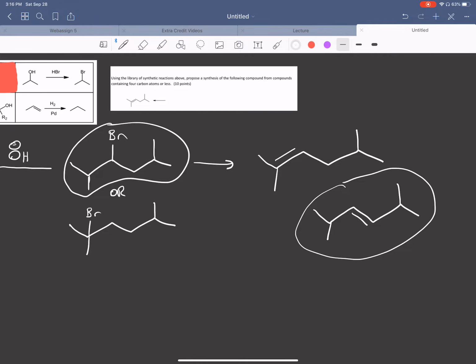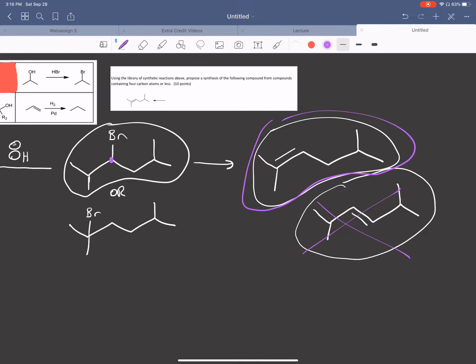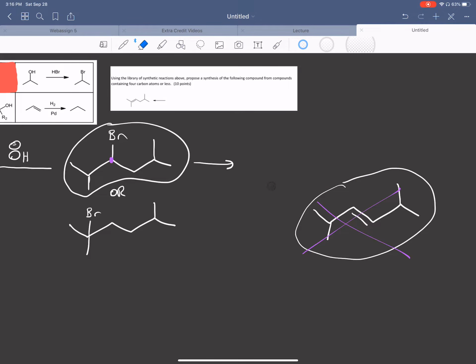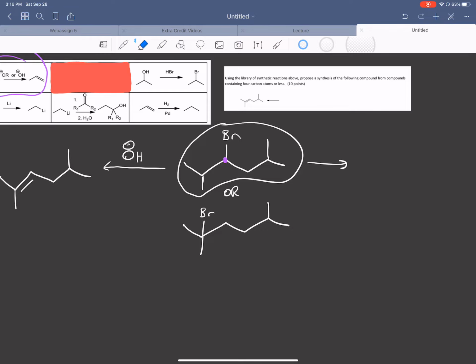It's disubstituted. And if we compare this one now, our double bond has three carbon substituents coming off of it. So if we put that Br on this carbon over here in purple, we're going to get the most substituted one 100% of the time. So that's going to be that one. You're not going to get this lower one, okay? And so we know that that Br, where we put it there, is okay, so that's fine.